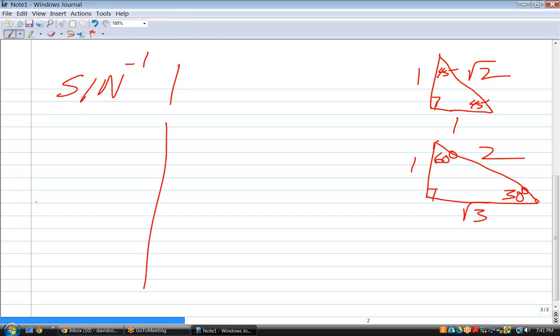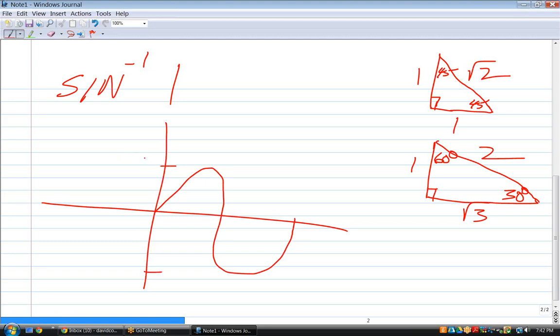Whereas if I graph the sine curve, there's only one place in the unit circle where that's equal to 1. Where is it? Pi over 2. Yeah. And that's the answer. And in this case, there's only one answer. That's it. Because that includes the whole unit circle there. That's 2 pi. And there's only one spot that it's equal to 1 right there.